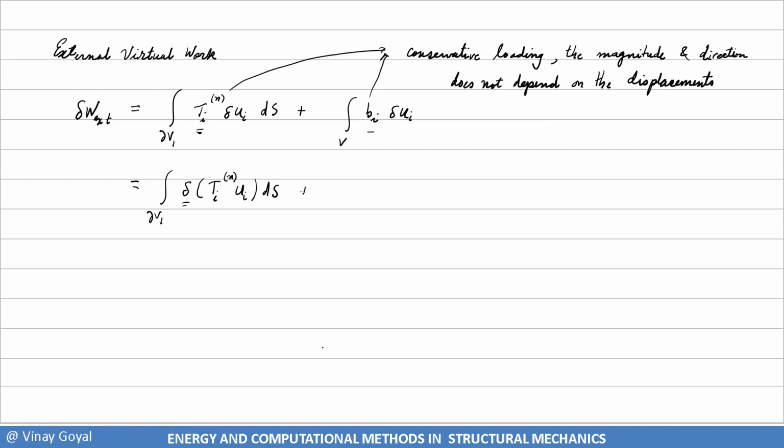And then I have plus integral, and you cannot do that in situations where the tractions depend on the deflections. An example you will see later is a beam. And the beam has an applied load P. As you apply that load P, the beam will deflect.